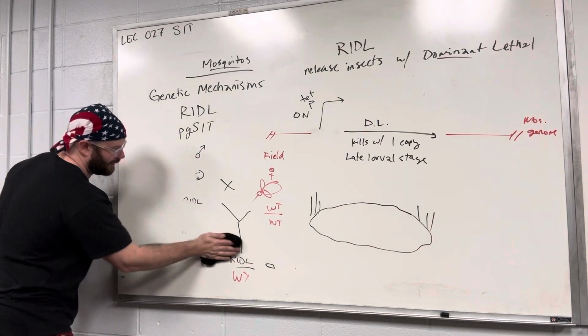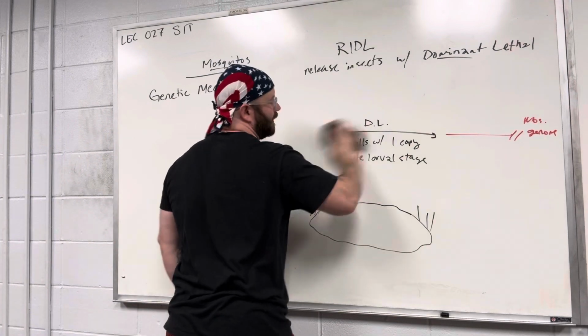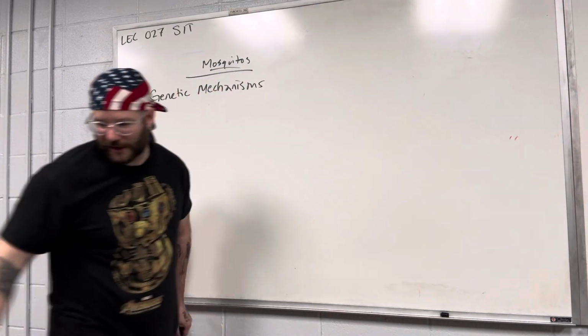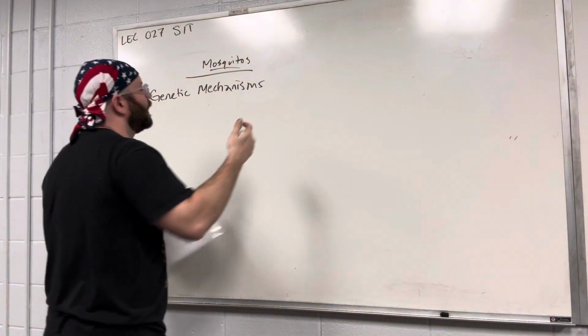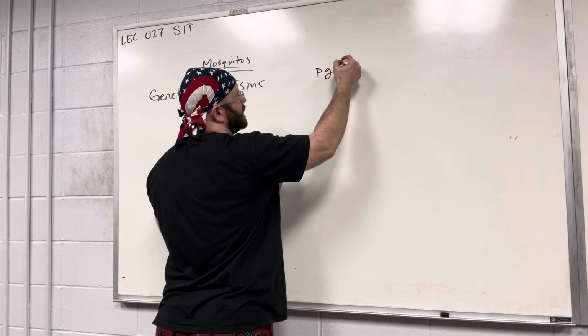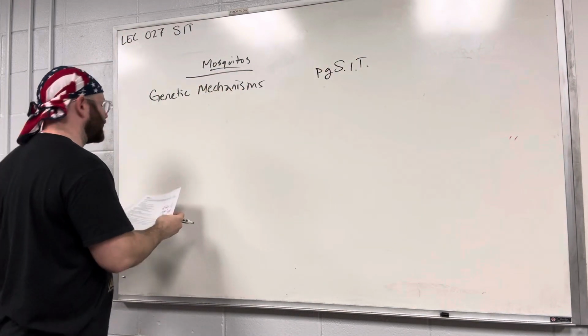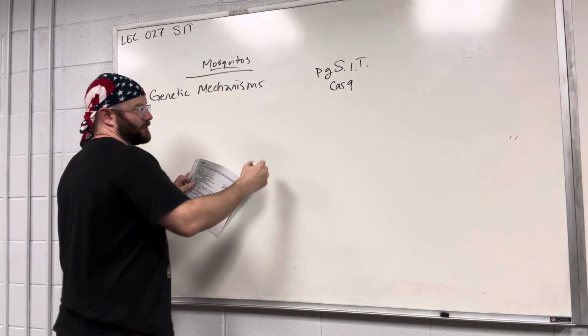Let's see. We can talk about the next system now. So the next system is precision guided sterile insect technique, PGSIT. PGSIT utilizes Cas9, CRISPR-Cas9.